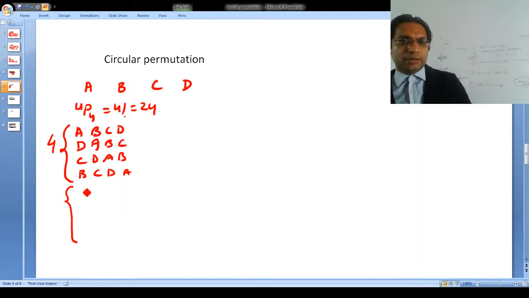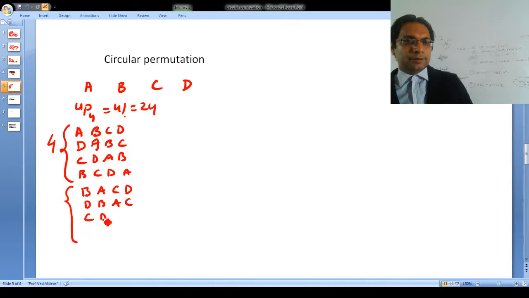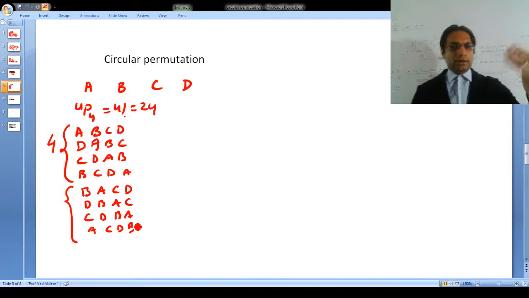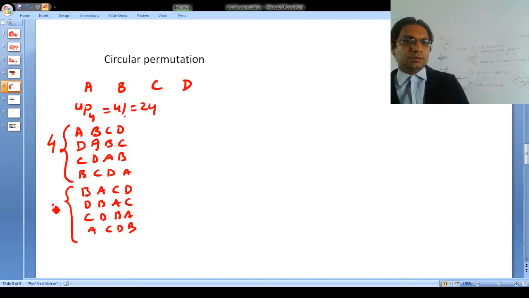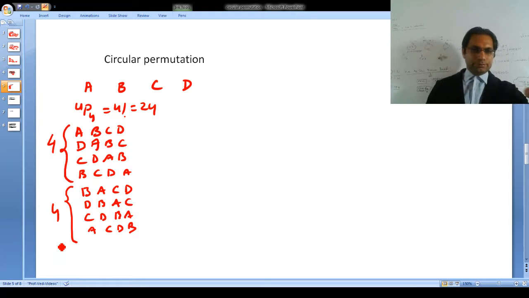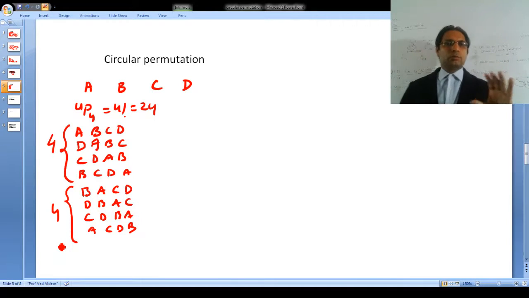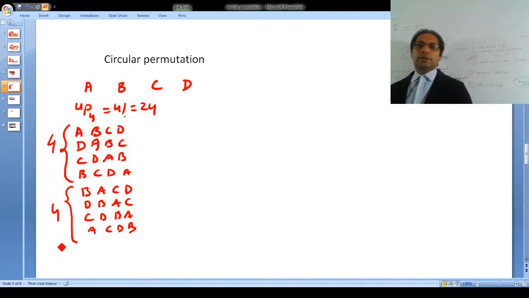So you may start like this: B, A, C, D, then D, B, A, C, then C, D, B, A, and then A, C, D, B, another 4, and you will be able to create 6 such more combinations.